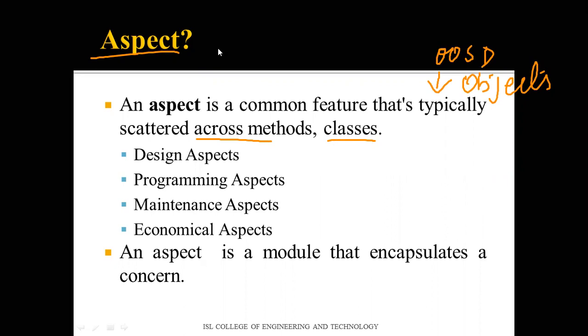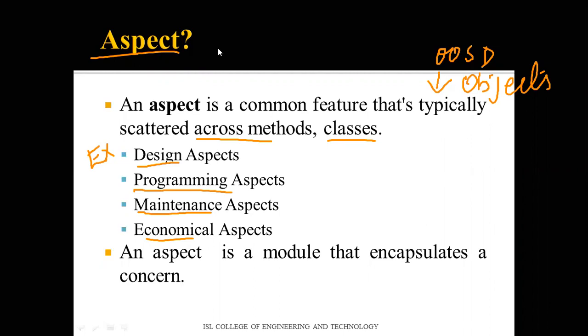Now, what are the different types of aspects? Examples of aspects can be the design aspects used within the designing phase, specific aspects within programming, within maintenance, and economical aspects. There are many more, like historical aspects and organizational aspects.